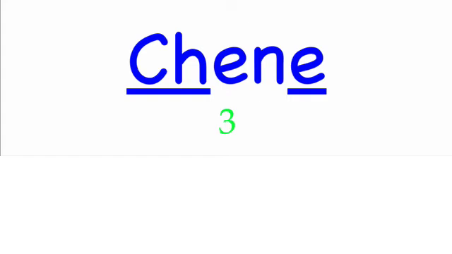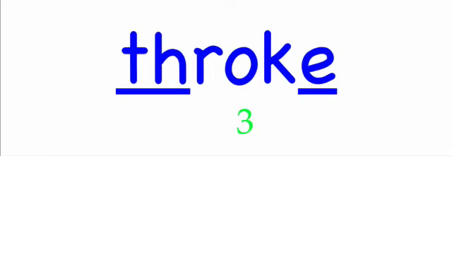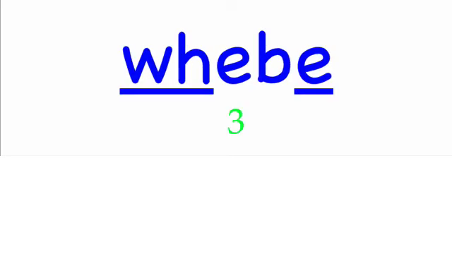We capitalize the C because it's the first letter in the first word of this sentence. Cheen and Throke. Throke, four sounds. Th, R, O, K. Throke. Gave all of us the weeb. Weeb. Now the word weeb is going to contain a consonant team, and it has three sounds.